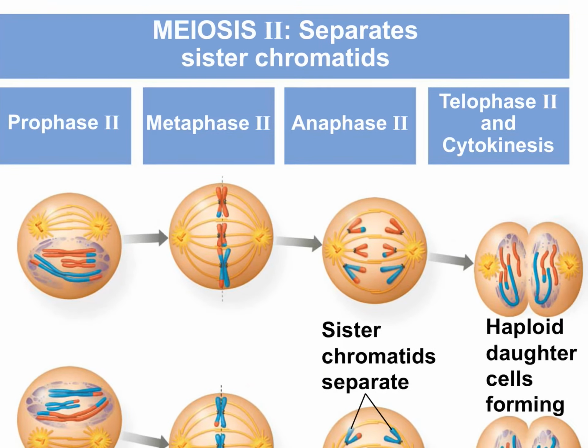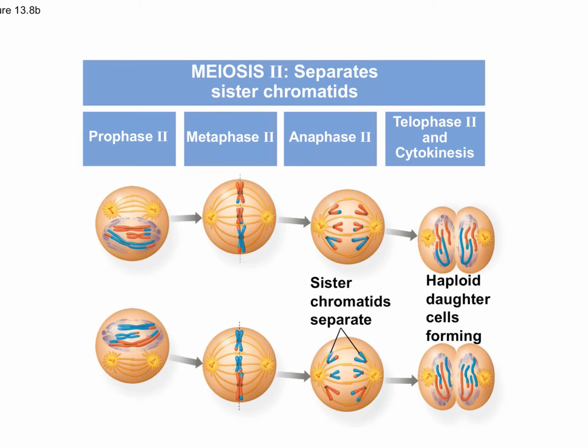And then in anaphase 2, it's the spindle fibers from each side of the centromere retracting, splitting the centromere, and separating that chromosome into 2 sister chromatids that are now chromosomes in their own right.